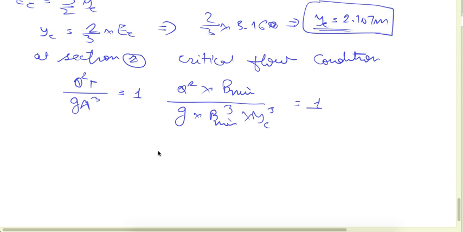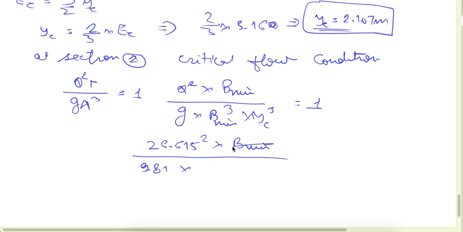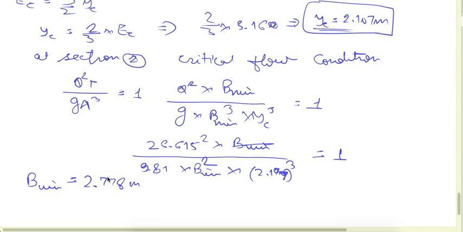And now we will just put the values here. Q is 26.615 square into B minimum, 9.81 into, if we just cut it out, B minimum square into YC cube. YC was 2.107 cube is equal to 1. From here B minimum is equal to 2.778 meters.